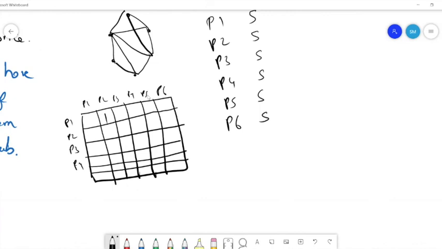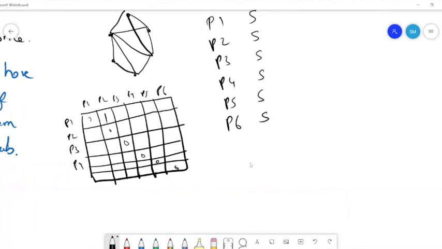So here, the schedule that you just now mentioned is 1 everywhere except the diagonal. The diagonal will be 0, and the rest will all be 1. Here each player is playing 5 times.